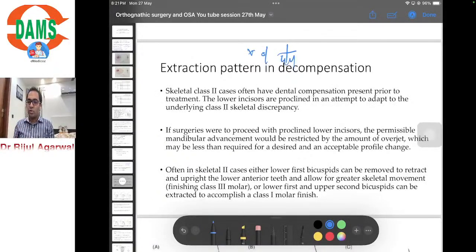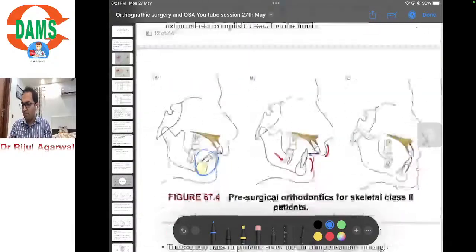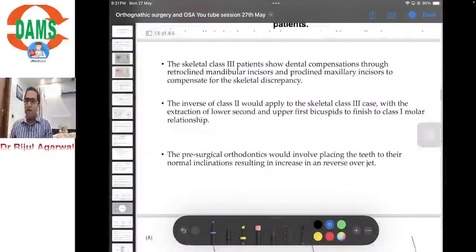Okay, so if you remember, in the first slide only I mentioned that no orthognathic surgery can be carried out without prior orthodontics. Okay, so pre-surgical orthodontic phase is necessary. अगर हम skeletal class 3 में जाए, तो the kind of compensation present would be, the upper incisors would be proclined and lower will be retroclined, again to achieve anterior guidance.